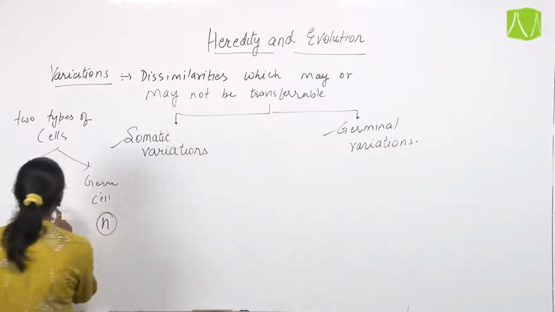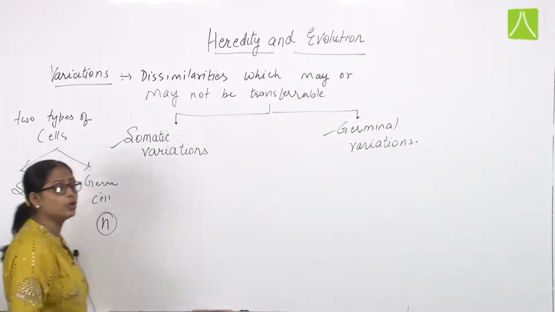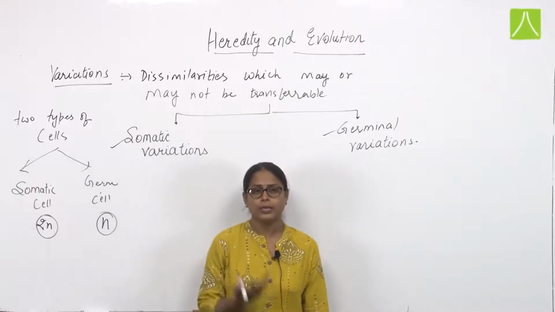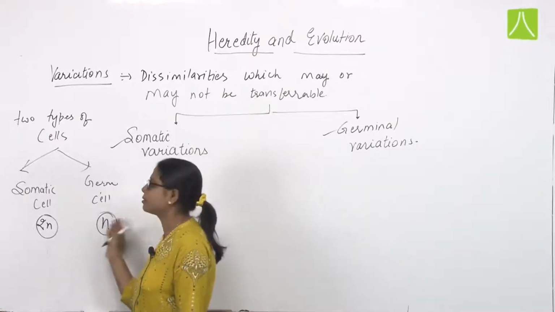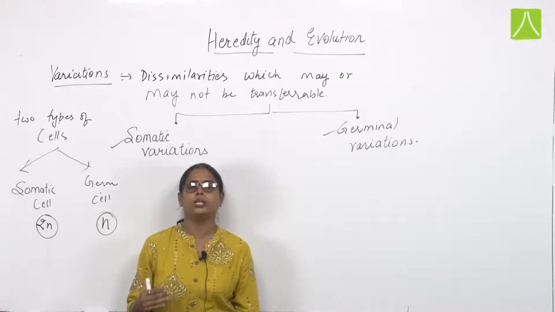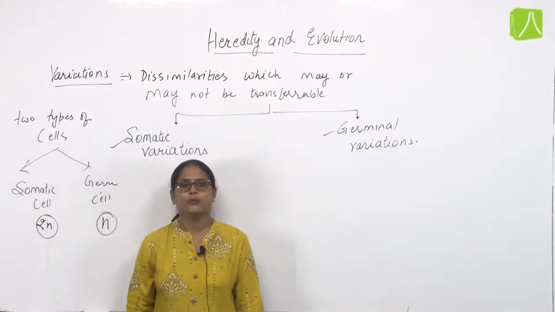So the somatic cells do not get involved in the process of fertilization, but the germ cells may develop in the form of gametes. The male gamete is different and the female gamete is different. These gametes, when fused together later to form a diploid zygote, then only the generation will transfer, or the character will transfer. Fine.